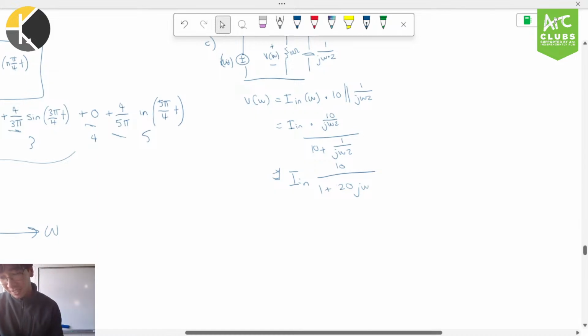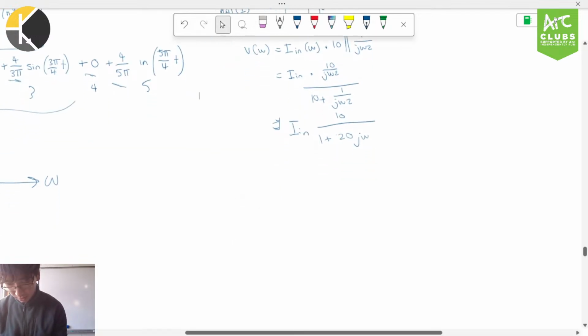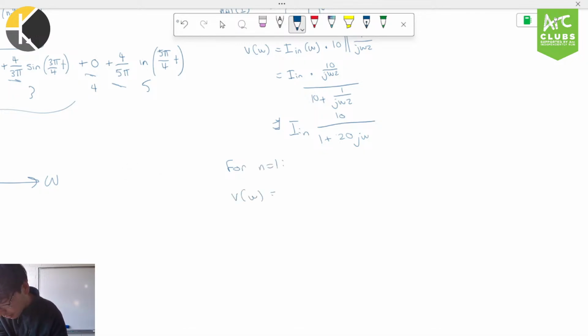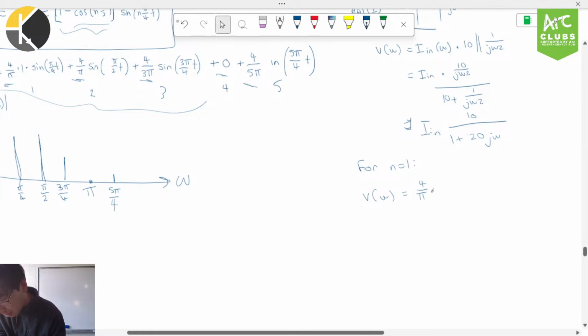So now we have this expression. We need to sub in each of the harmonics, which is annoying, so I've prepared answers for this question. For n equals 1, we have V(omega) equals our first harmonic multiplied by the angle.